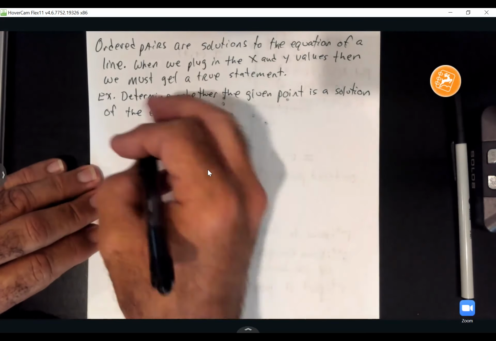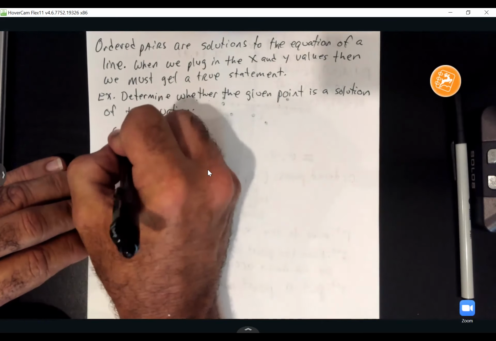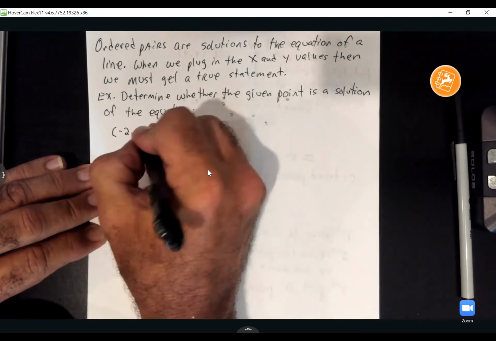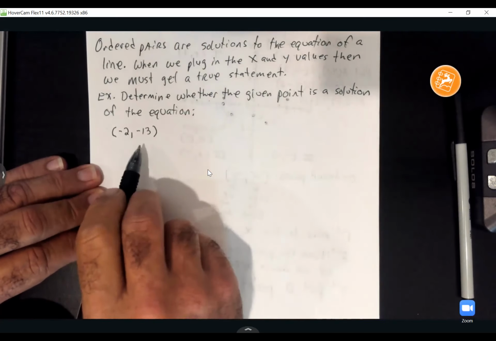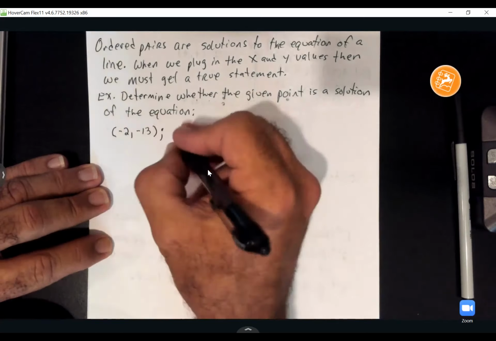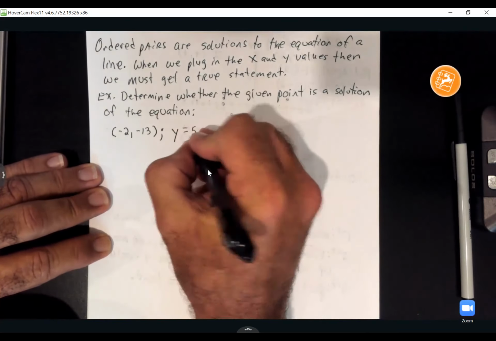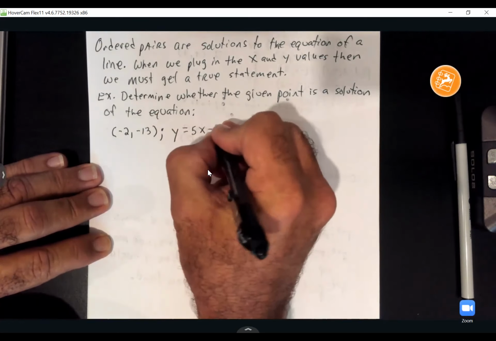So I'm going to do a couple of these. So for my first example, they're giving me -2, -13 for my ordered pair, and then a semicolon separating my equation, which is y equals 5x minus 3.